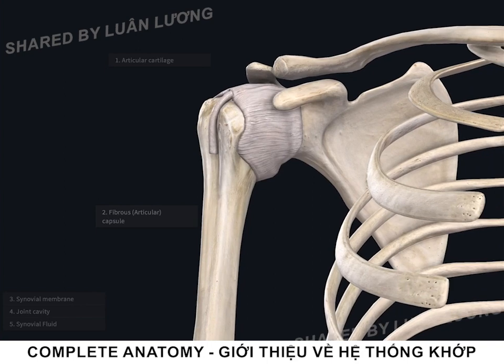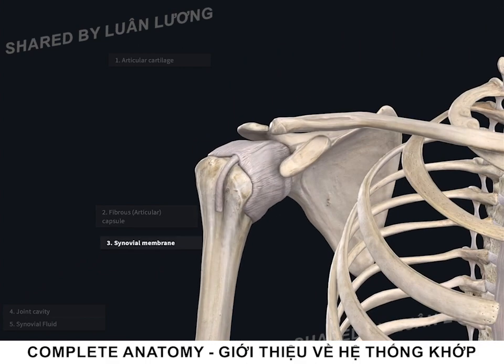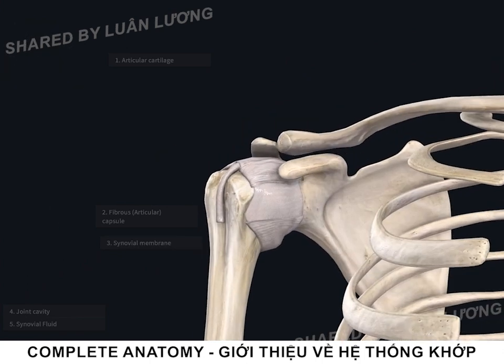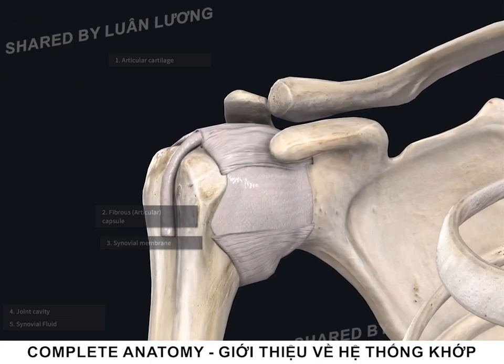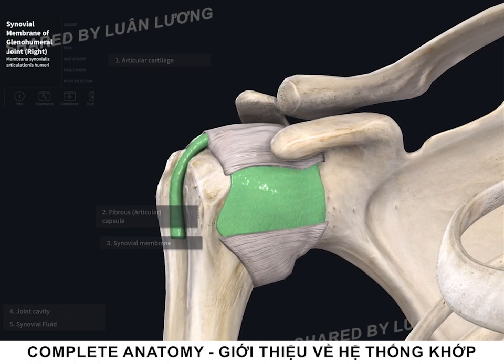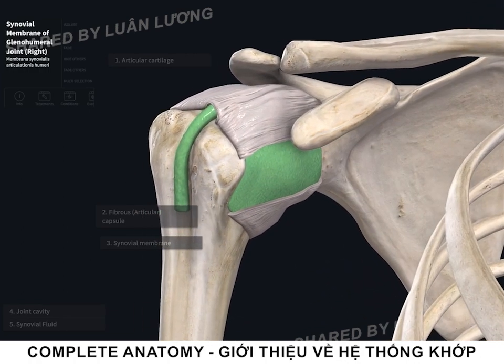Now, deep to this layer, we're going to see the third component of these types of joints, and that is going to be the synovial membrane. So if we were to hide this layer of the articular capsule, we can see that deep to it is going to be another layer that lines the inner aspect of that fibrous capsule, and that's going to be the actual synovial membrane.